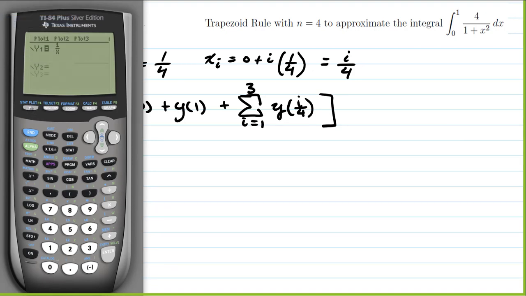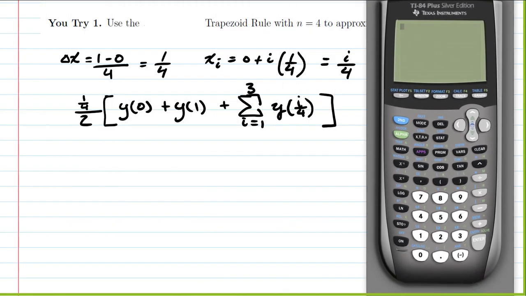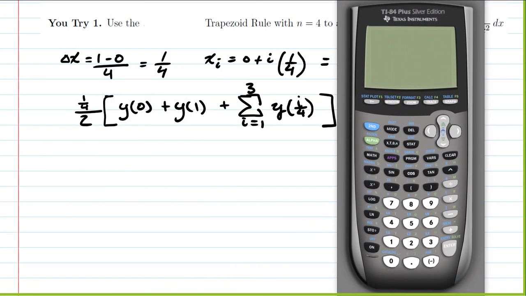The first thing we do is we put in our function for y, which is 4 over 1 plus x squared. And we start typing.